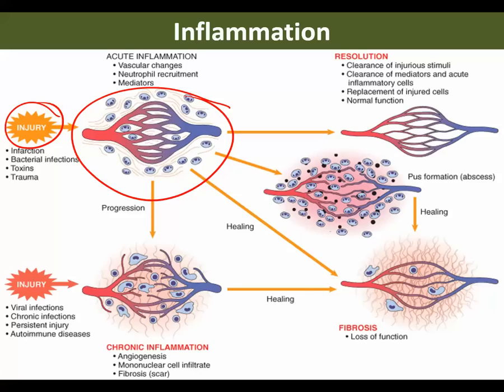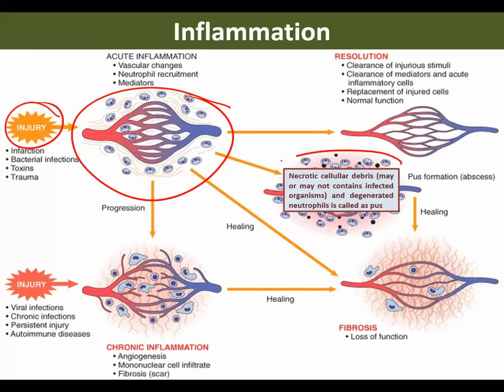Fluid, proteins, neutrophils that took the bacteria and died, and there is some bacteria also. All of this is called pus. So this is the definition of pus. Do you all have that in your handout?